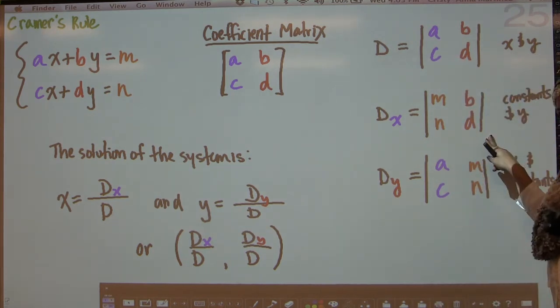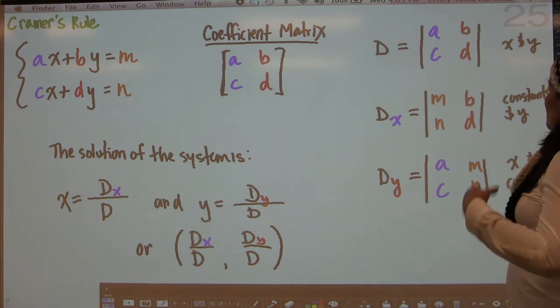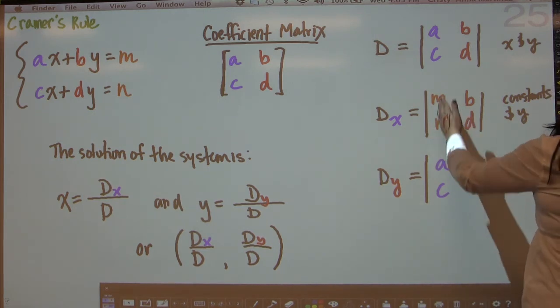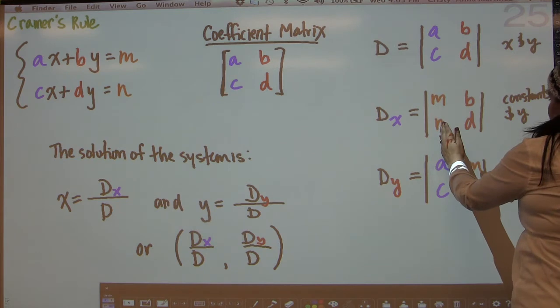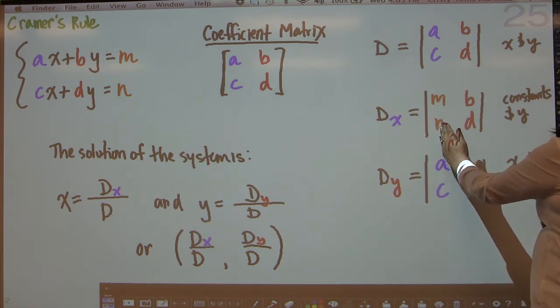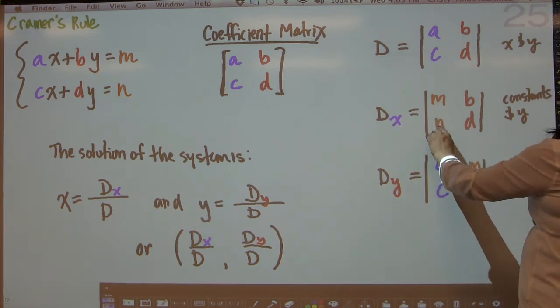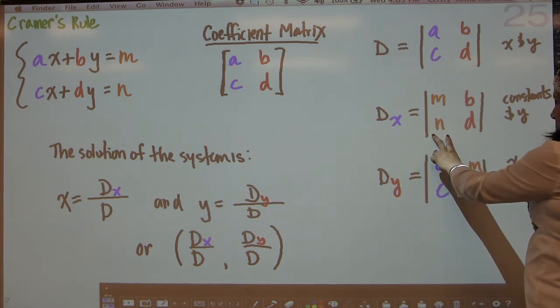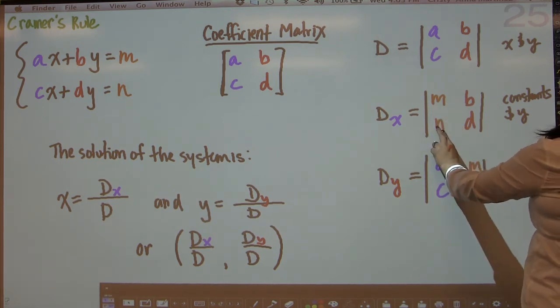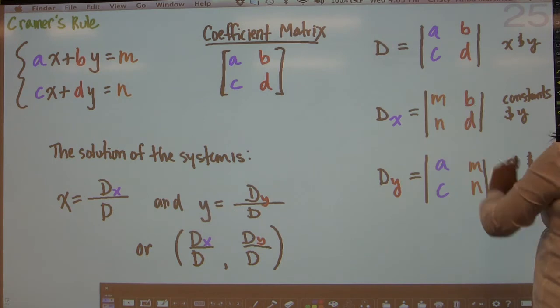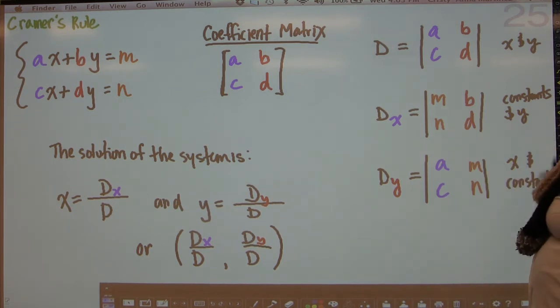The D sub x determinant is where you replace the column of x coefficients with the constants, which are m and n. So you replace this column, which used to be x, with m, n, and then you have your b and your d, which are your y. So you have the constants and the y coefficients.